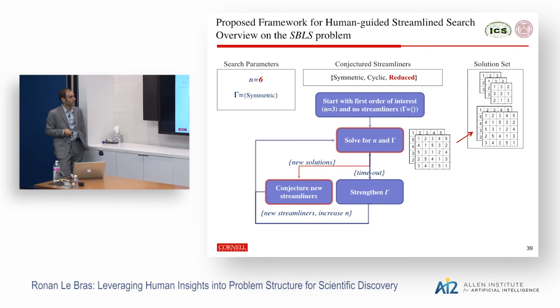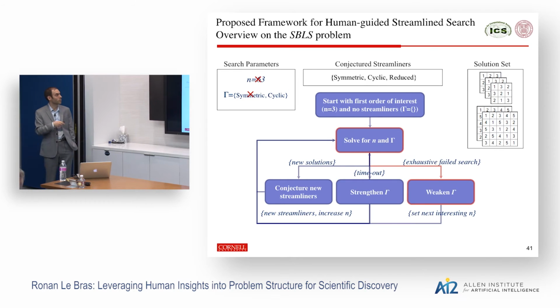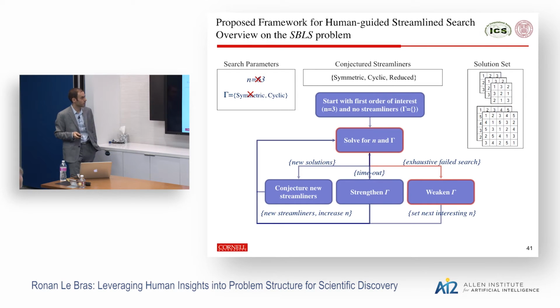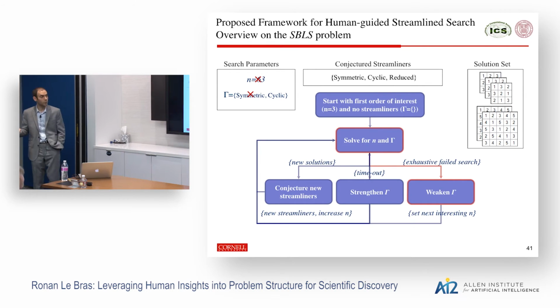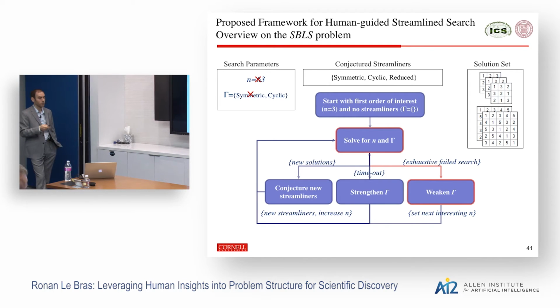Assuming you cannot find any solution, you need to strengthen the set of streamliners that you are using. Now you're looking for cyclic and symmetric. If you time out, or actually you perform an exhaustive search that fails, meaning that you couldn't find any solution with these properties, now you backtrack and try other streamliners.